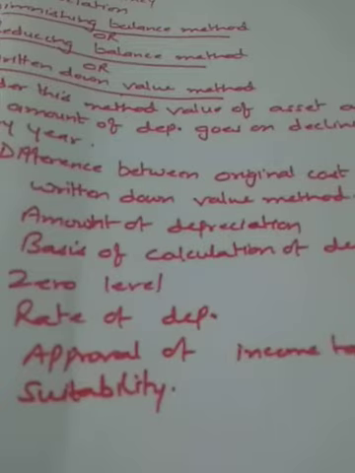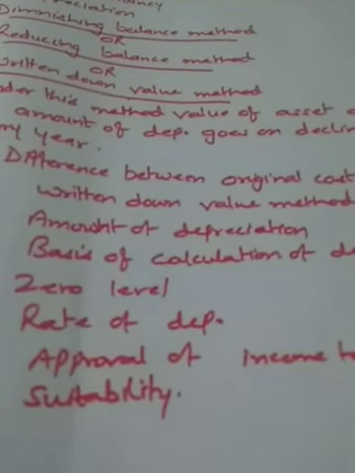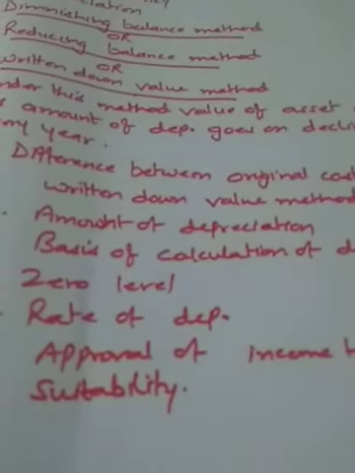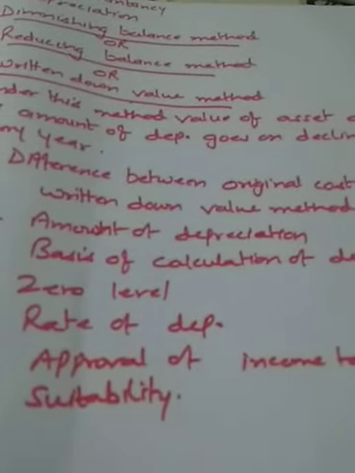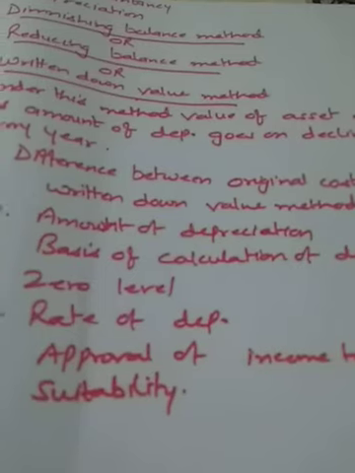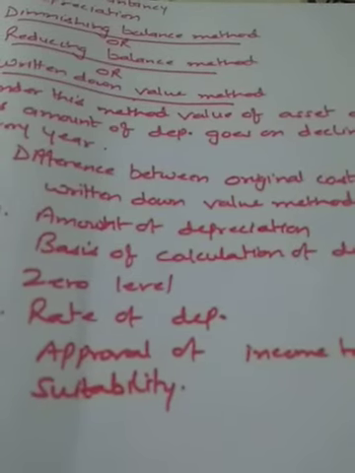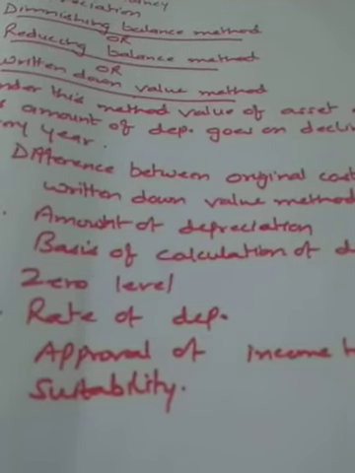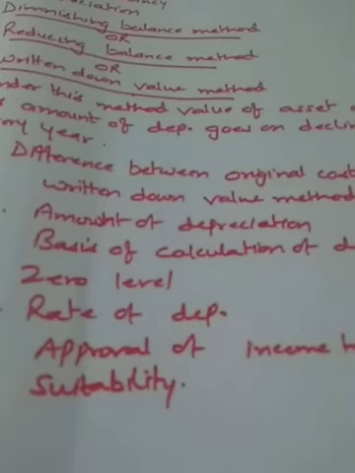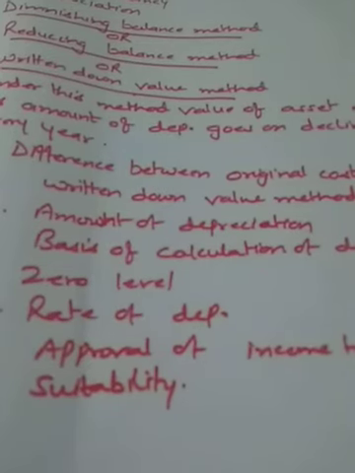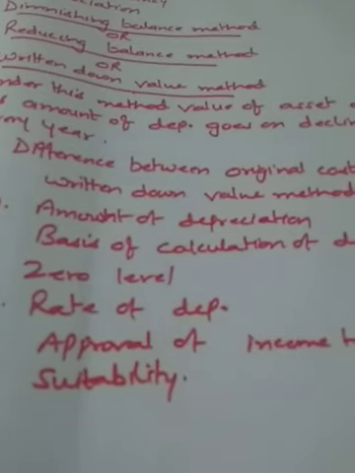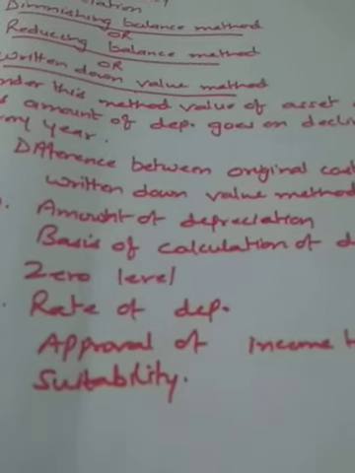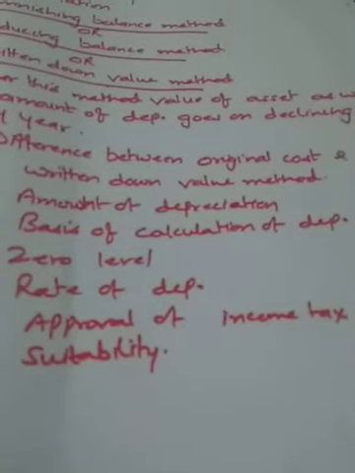Second difference is basis of calculation of depreciation. Under original cost method, depreciation is charged on original cost of the asset, but in diminishing balance method, depreciation is charged on the reducing balance of that asset. Whatever balance we get in that particular financial year, depreciation is charged on that.